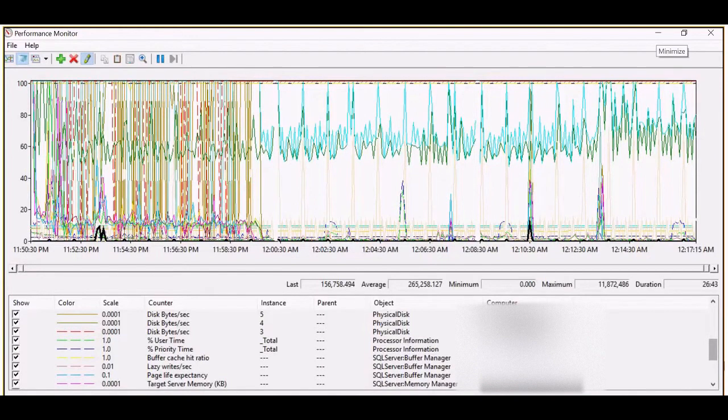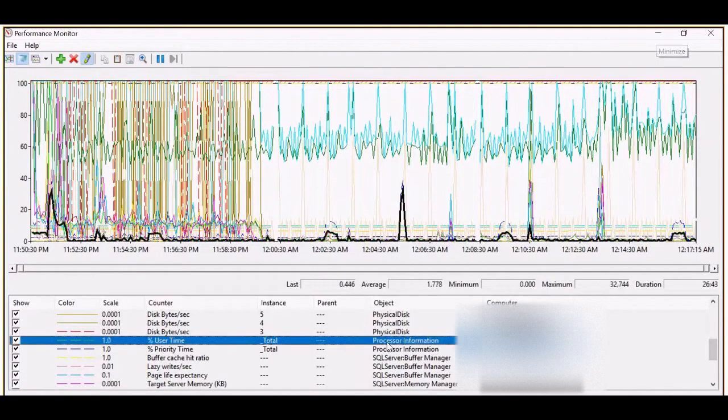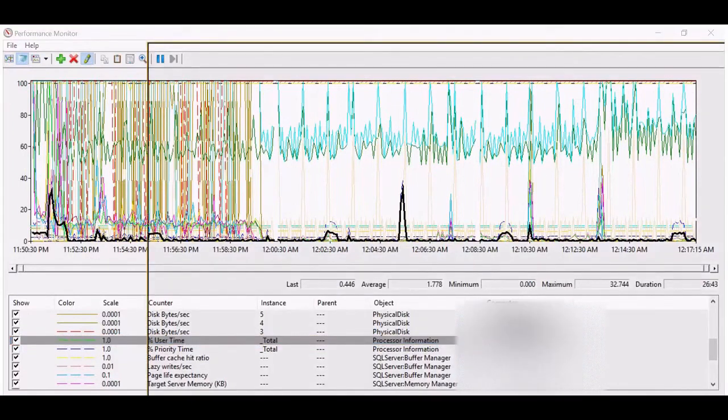All right. So CPU, there's a difference between user time and priority time. What do y'all think the difference is? Scheduling maybe?